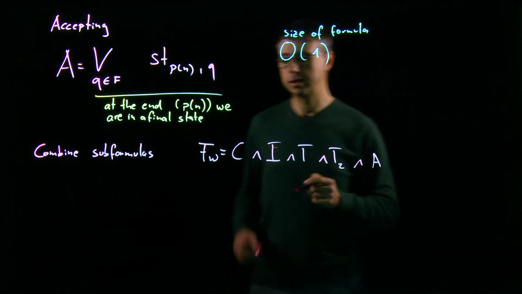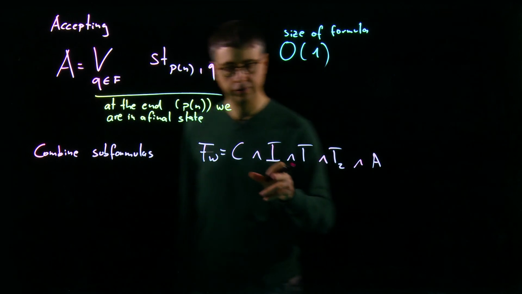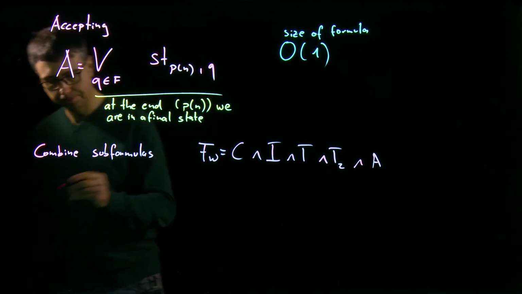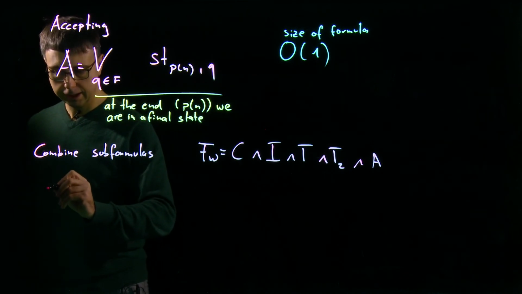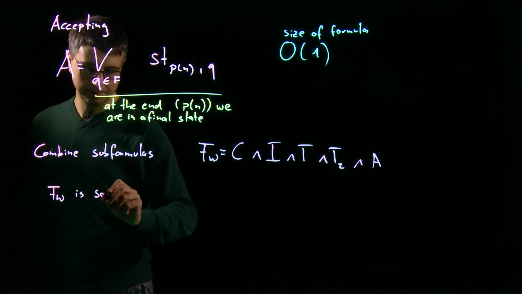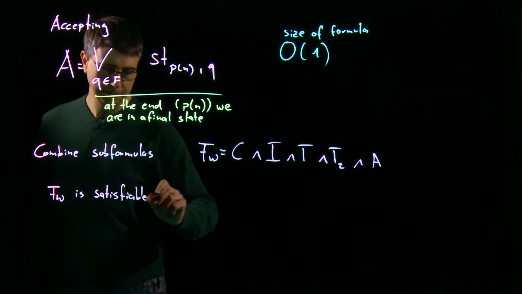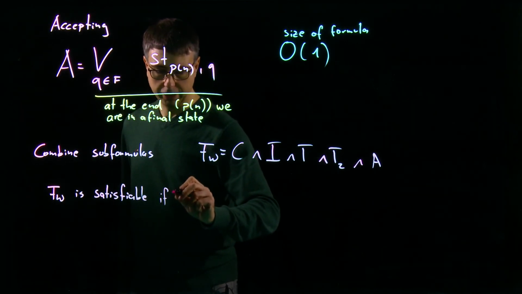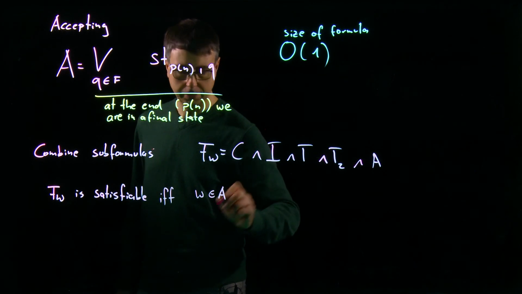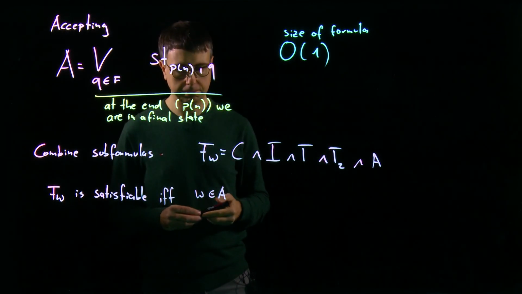And we just make a conjunction out of it. After we have constructed this, FW has the property that FW is satisfiable if and only if w is in A, because it simply mimics the behavior of the Turing machine.